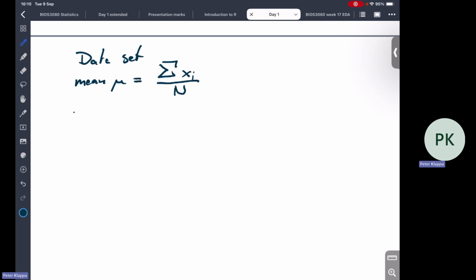We also said the variability is often expressed as the variance, abbreviated with this sigma squared. And we can write this as the sum of the observations minus the mean, squared, divided by n, the number of observations.